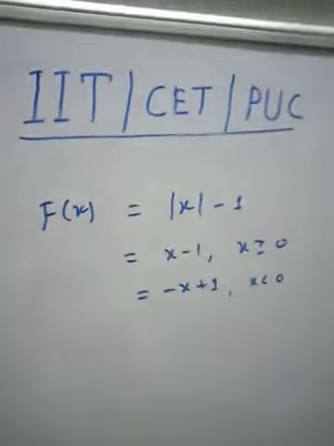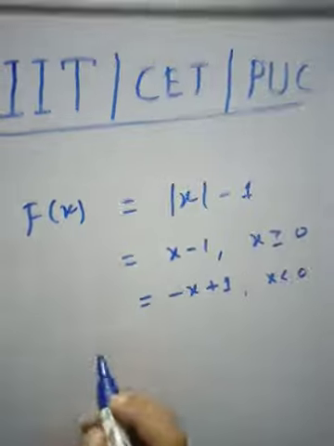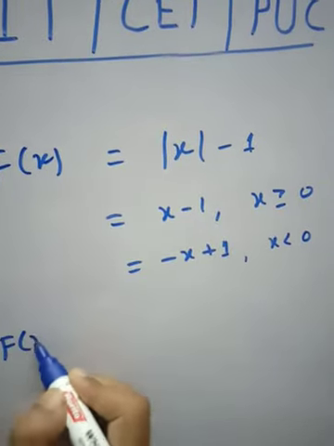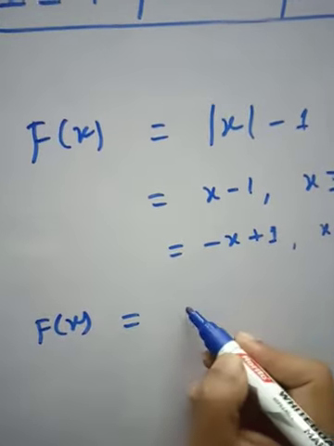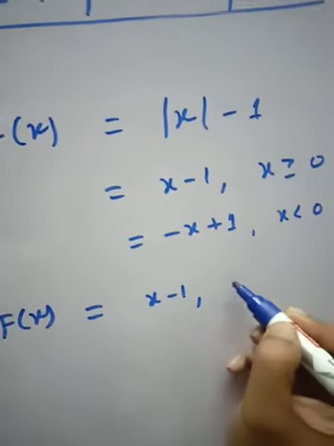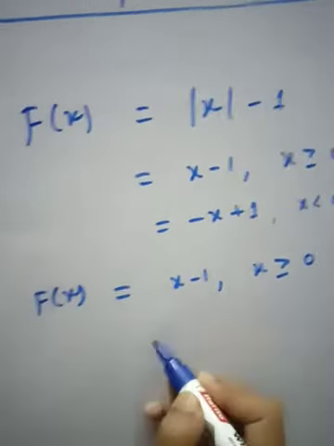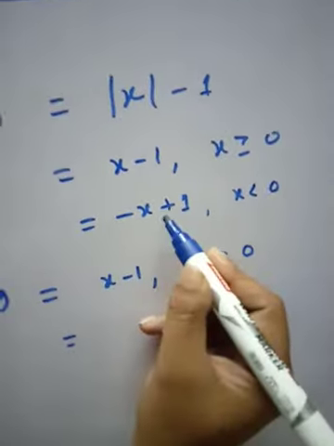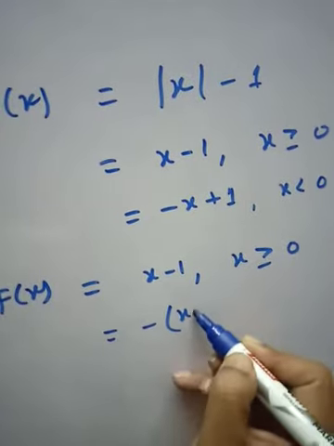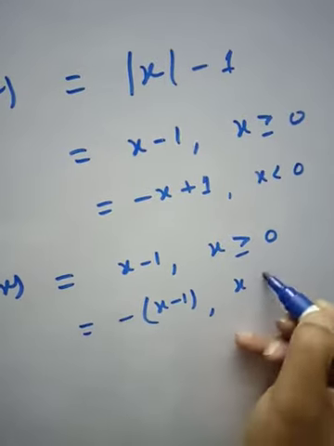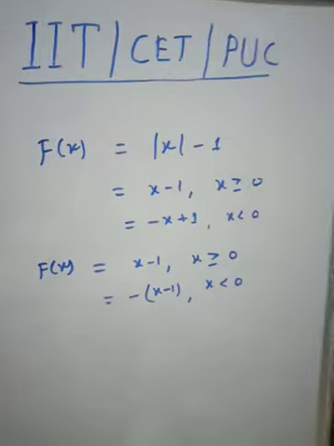So now we can write f(x) equal to x minus 1 when x is greater than or equal to 0, and taking minus common, it will be minus (x minus 1) when x is less than 0.